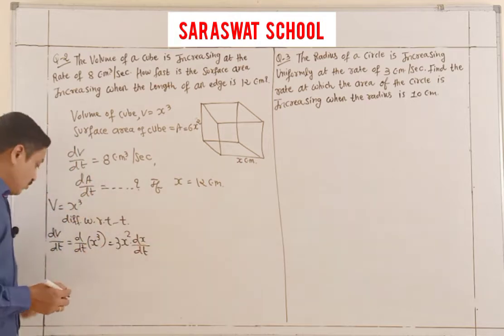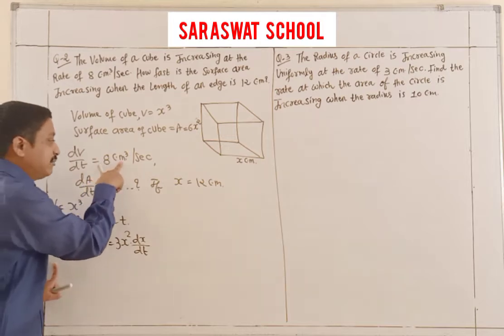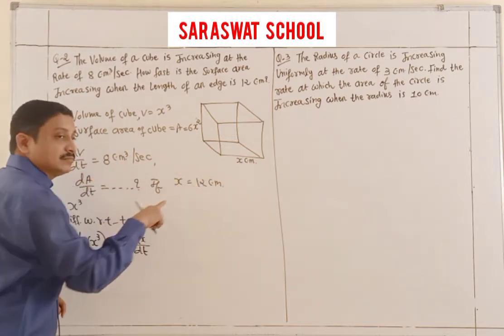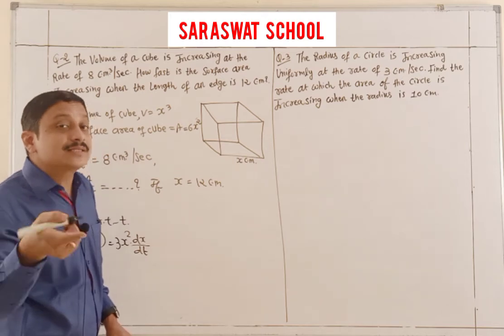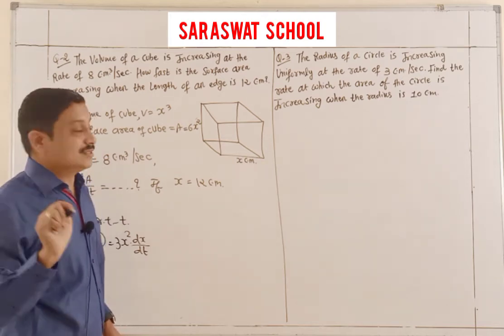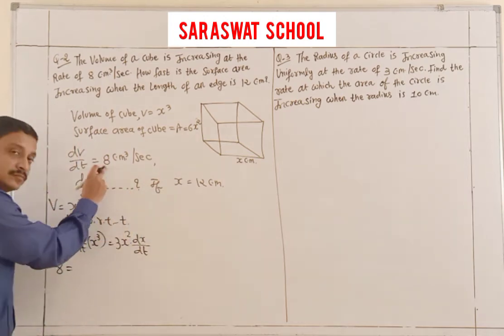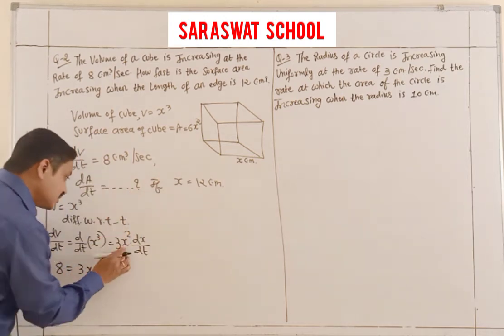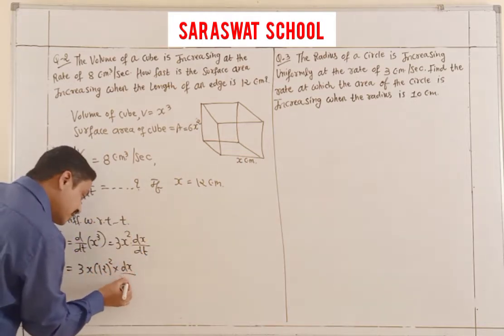Now put the values. Check the unit once more: centimeter is told, sometimes not told, so keep the same unit. Here given it is 8, and x is 12. So I write 8 equals 3 into 12 square dx by dt.